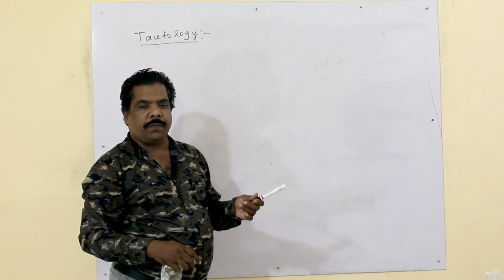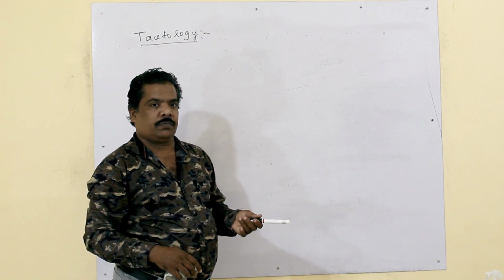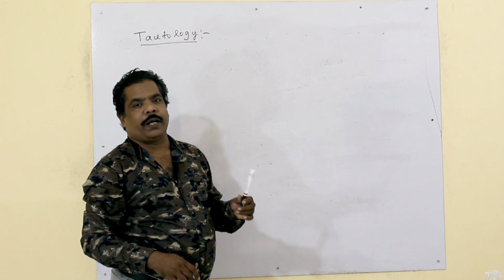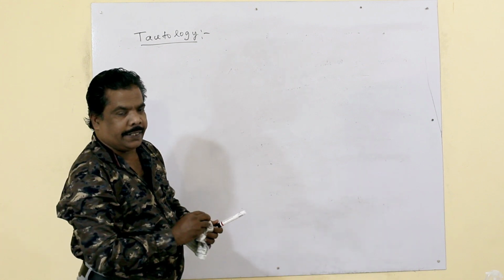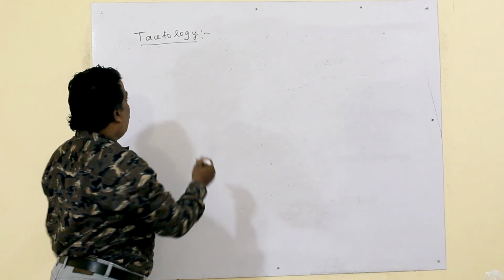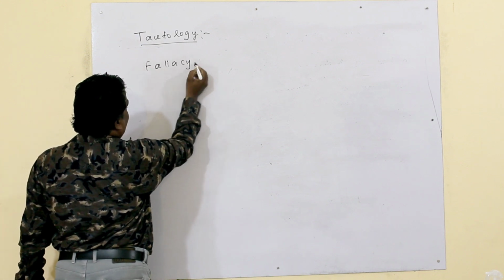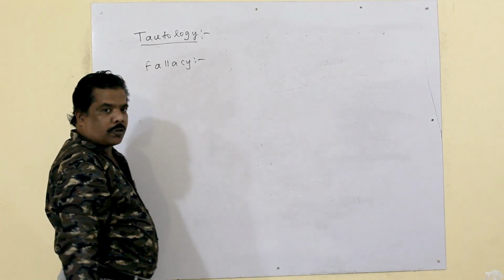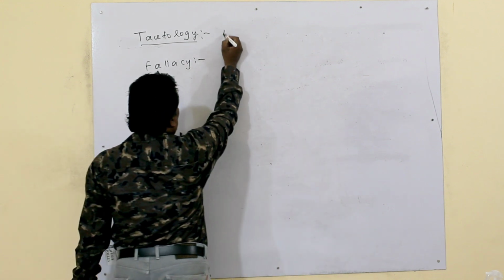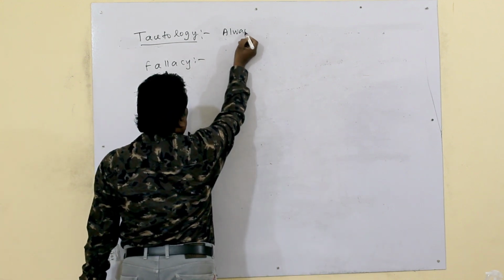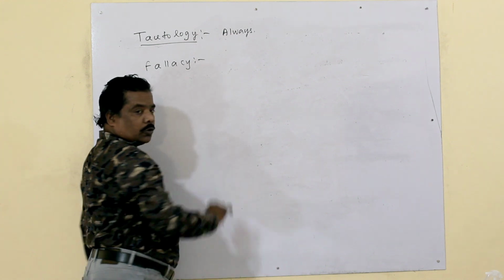If a compound statement is always false, irrespective of truth values of prime components, then it is called contradiction or fallacy. If a compound statement is always true, then it is called tautology.